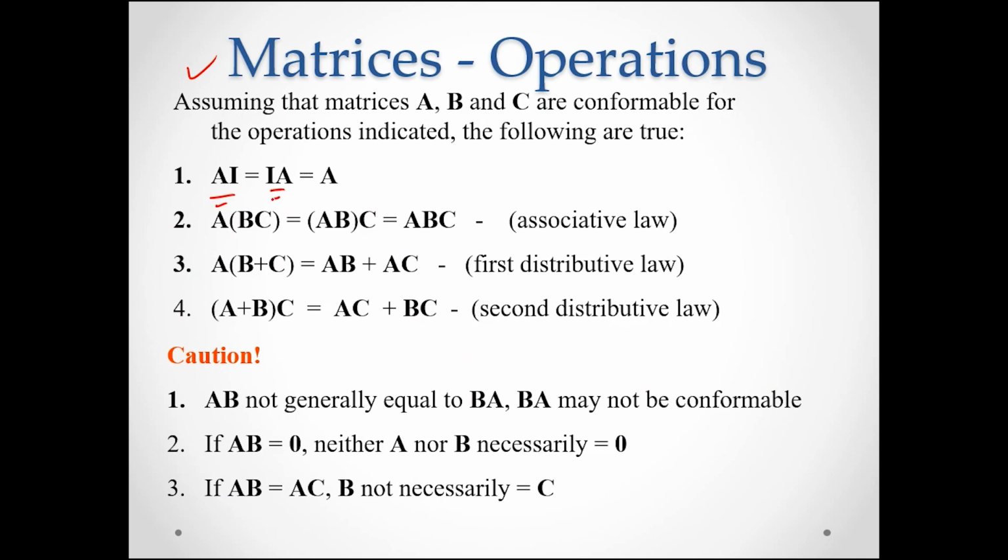First is multiplication of a matrix with the corresponding order identity matrix is going to give me the same matrix. Which means if I have a matrix of order 2 cross 2, and I multiply by identity 2 cross 2 also, then the output will be the same matrix.